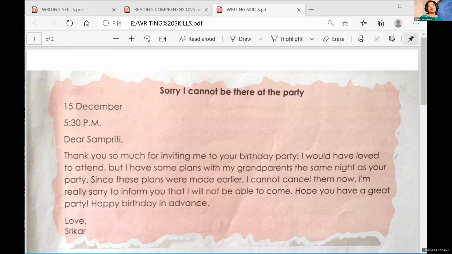Okay, so hope this is clear to you. While writing a message, there is a particular format. First of all, on the top, the heading should come. And on the left side, the day, the month, and then after that, what should come? The date, the time. The time when you are writing the message should be written. Then you have to use the salutation, that is dear, to whoever you are writing the message.